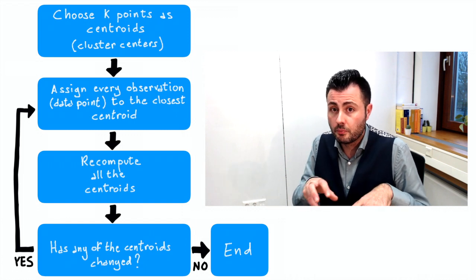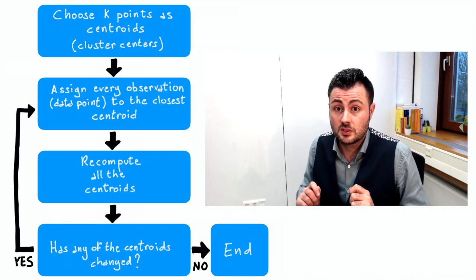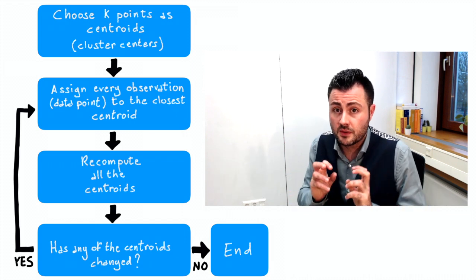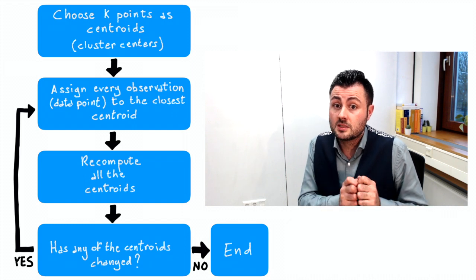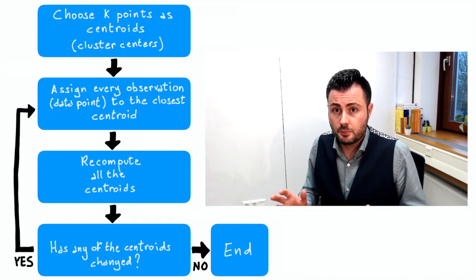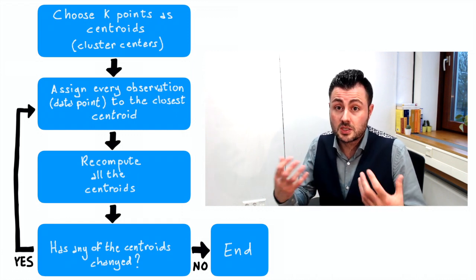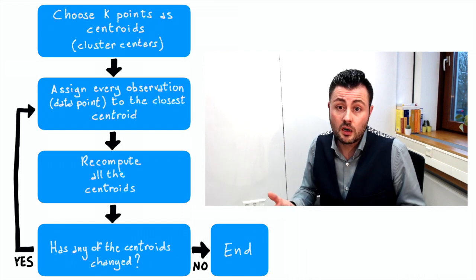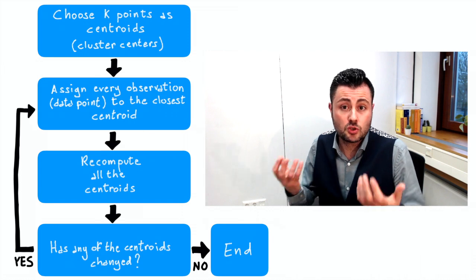So it's no longer possible to assign a given observation to a different centroid because every observation belongs to the group whose centroid is the closest one to that observation. Once we obtain this situation, our algorithm stops, and the resulting groups are the groups that our k-means algorithm has discovered for us.